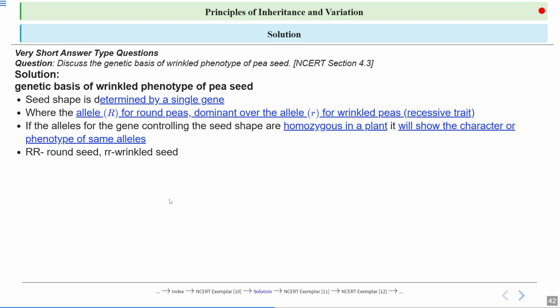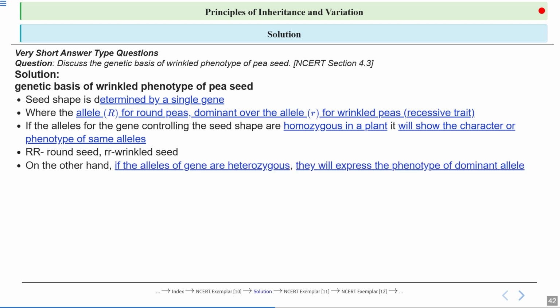And small r, this is also a homozygous condition. These will be wrinkled seeds. Then in the case of heterozygous, what happens? The dominant phenotype is observed. In the case of capital R, small r, this will be round seeds because capital R is dominant over small r.